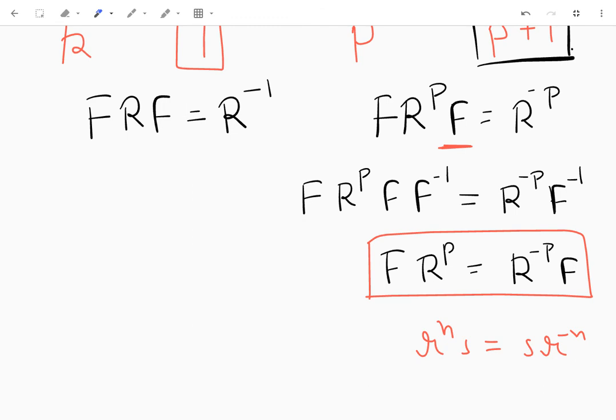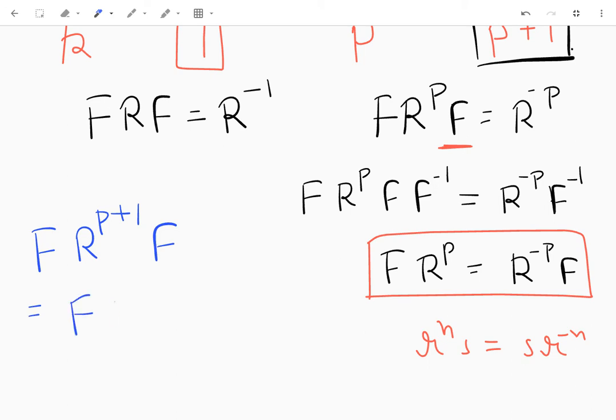I don't think I got anything from this. Let's take the left hand side. I have F R^(p+1) F. I have taken the left hand side of what I have to prove.